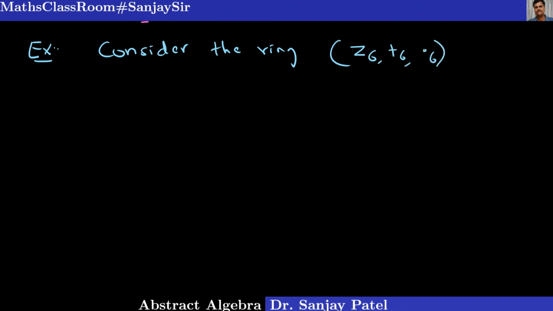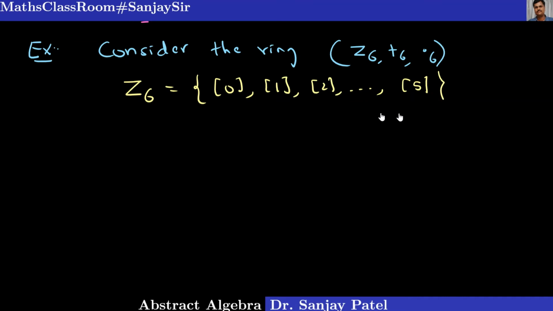You know what Z6 is? Z6 contains these residue classes, class 0, class 1, class 2, and so on up to class 5. So there are 6 elements in this, and the operation plus 6 means addition modulo 6 and dot 6 means multiplication modulo 6. That you know very well.